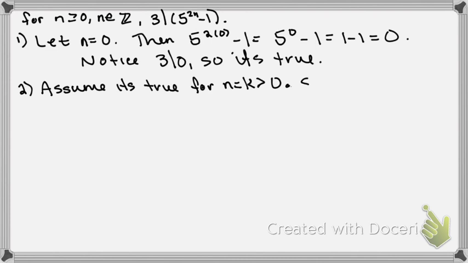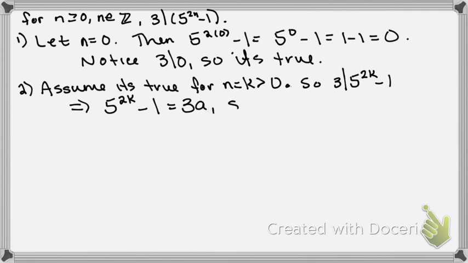So 3 divides 5 to the 2k minus 1. Now I'm actually going to write this so that it has an equal sign. So this means that 5 to the 2k minus 1 is equal to 3a for some integer a. Did I need to do that? No, I didn't need to do that. But I wanted to. We don't actually use that.